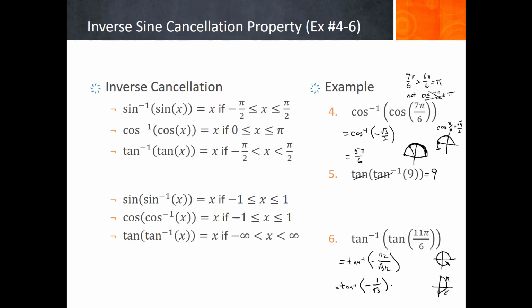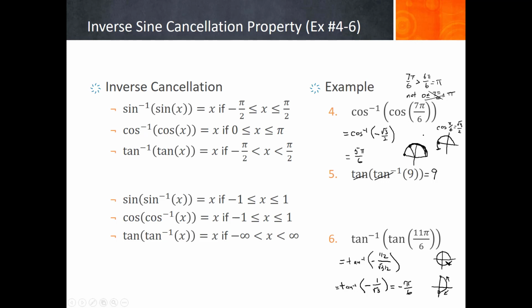Well, that just turns out to be a negative pi over 6. And here's the interesting thing. How is a negative pi over 6 related to an 11 pi over 6? If you remember the terminology, they are the same angle, just different direction of rotation. They end at the same place. 11 pi over 6 and a negative pi over 6 are actually coterminal angles to each other.